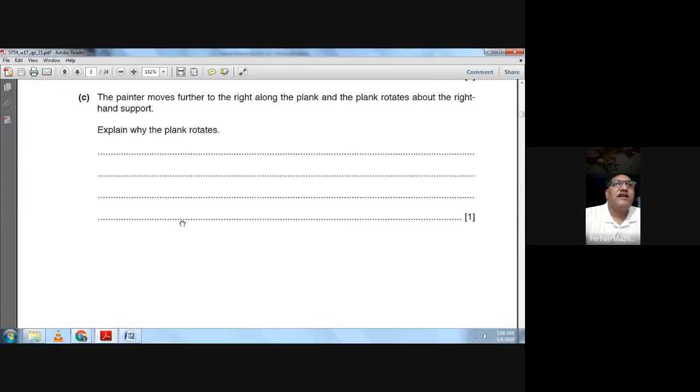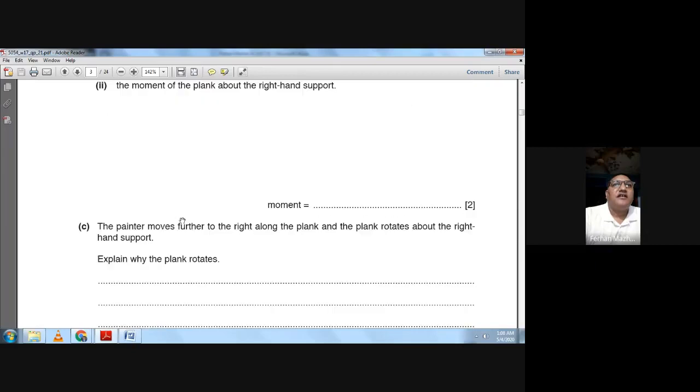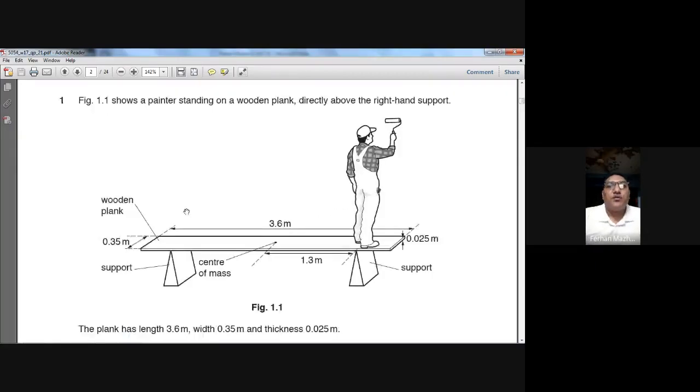Let me show you that diagram. This is figure 1.1. The painter is standing on the plank, right above the pivot or support, which is on the right side. This boy has weight, but the line of action of the weight passes through this support.